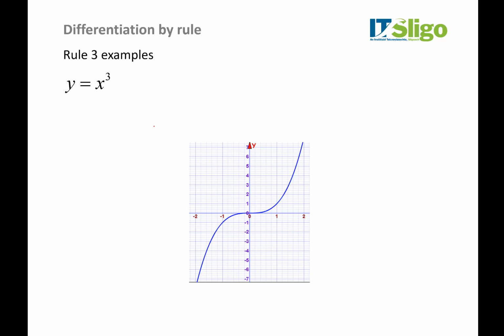I've just thrown up a few pictures of the functions as well to remind you what they look like. Here's our cubic function. It's a simple cubic, so it looks like this. And now when we get the derivative, dy dx, bring down the power. The x obviously stays, and then we add -1 to the old power.